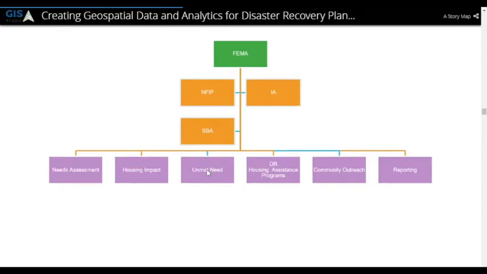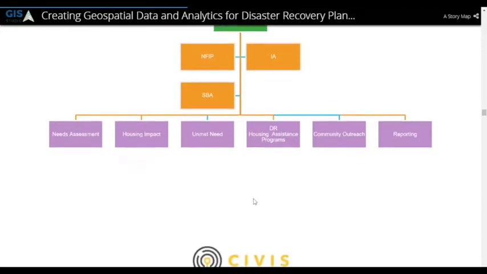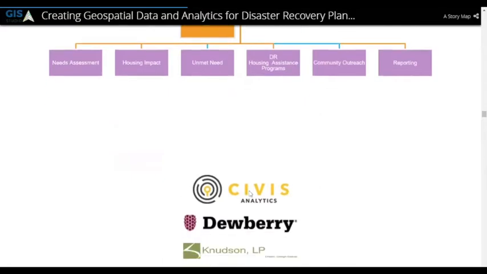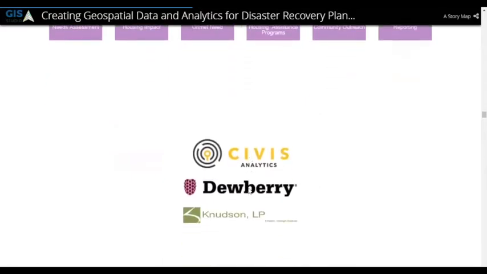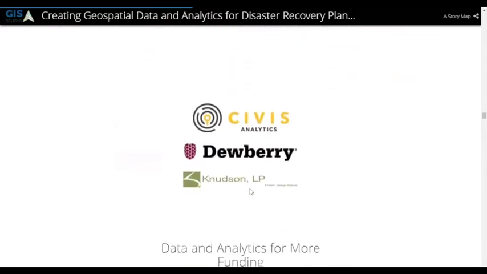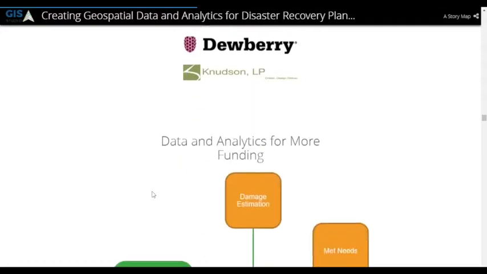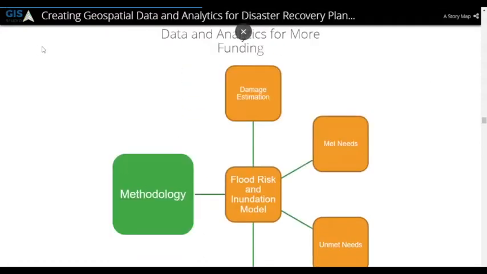So with the city understanding that they needed a new approach to understand the impact and needs created by Hurricane Harvey, we put out an RFP and selected and hired a consulting group, Civis, Dewberry, and Knudsen. So what we needed was our consultants to implement something that would help us to account for all the housing units that were impacted in the city.